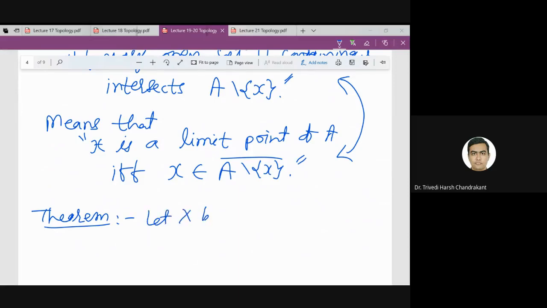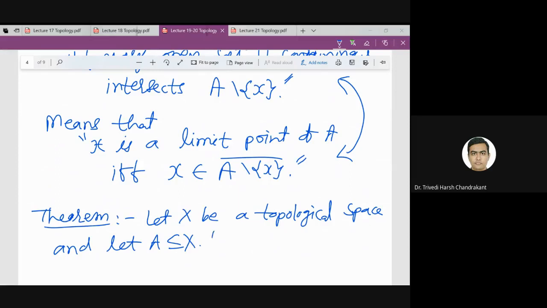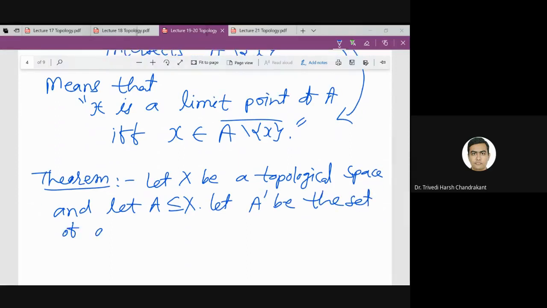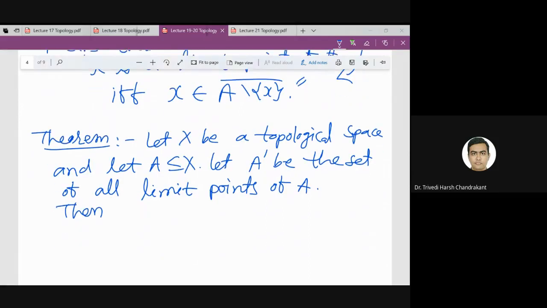So let X be a topological space and take any subset A of X. Let us pick some notation for the limit point: let A dash be the set of all limit points of the set A. Then what we want to prove is that A closure equals A union A dash.